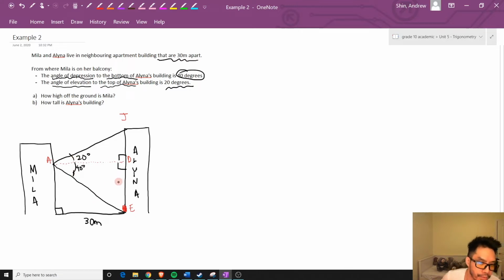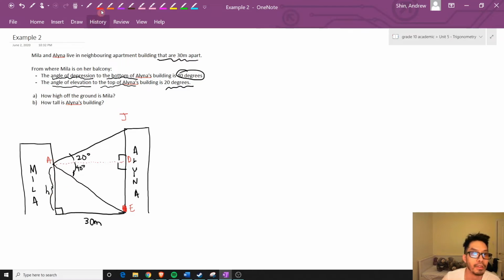Now, this right here, do you see how this is the height, this part right here, of how high Mila is going to be? So that's what they're asking for. How high off the ground is Mila? They're asking for this part of the triangle.